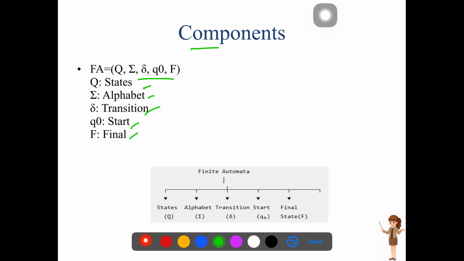Delta represents the transition function which defines how the automata moves between the states. Q naught is the initial state. F is the final state or acceptance state. You can see the diagram. Finite automata is divided into the 5 components and is represented as Q, sigma, delta, Q naught and F. Let's move on to the next slide.